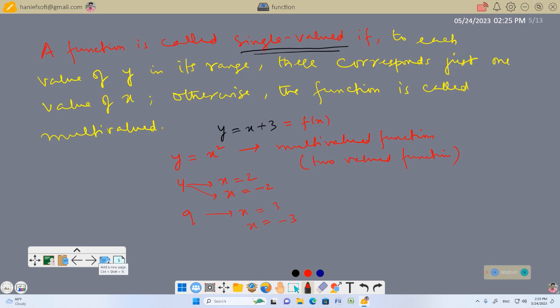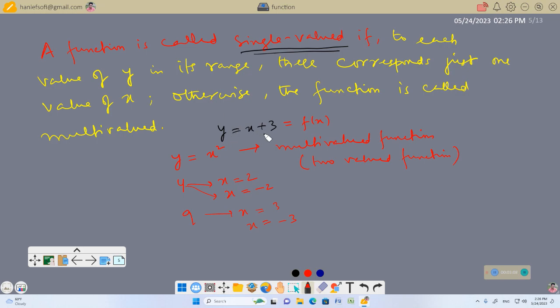Then we said a function is single valued if to each value of y in its range there corresponds just one value of x. If there are more values of x corresponding to each value of y in the range, then the function is multi-valued.